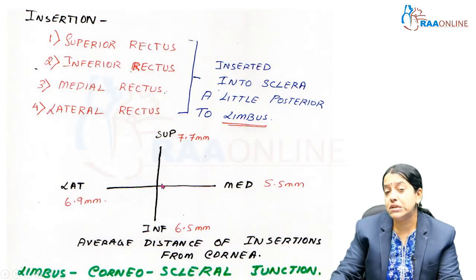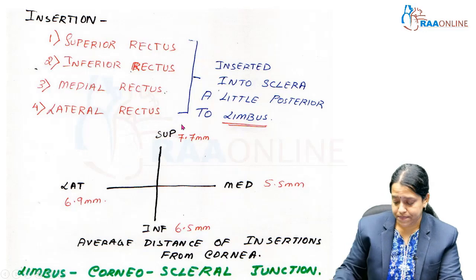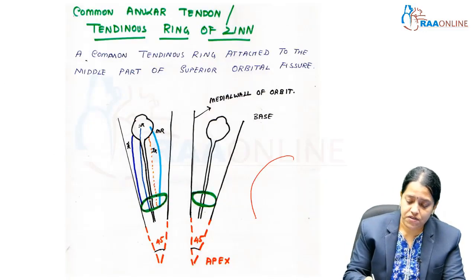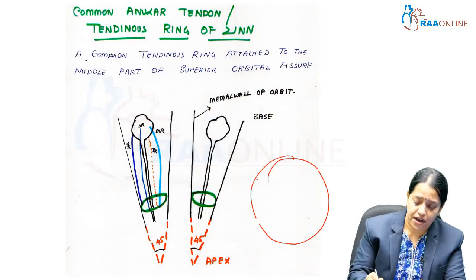Now coming to the insertion of these muscles. These muscles are all inserted into the sclera. If we divide the eye, this is the anterior part of the eye where you get the cornea.